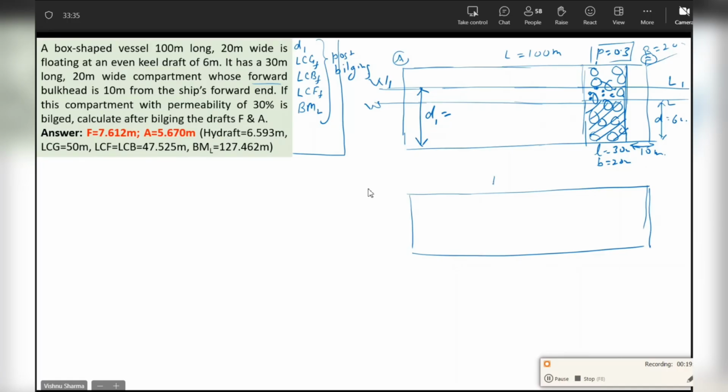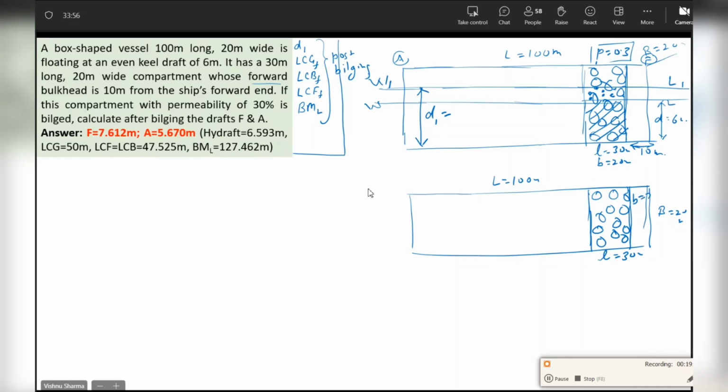When I view it from top, what will I see? I will see the forward bulkhead of the compartment here. I'll see the after bulkhead of the compartment here. I'll see some cargo areas contributing to intact water plane area. Length of this is 30 meters.